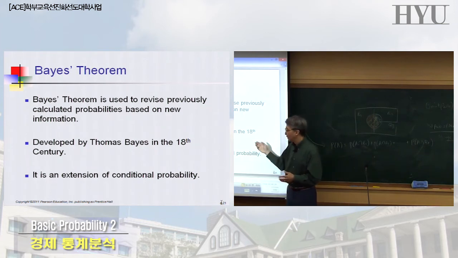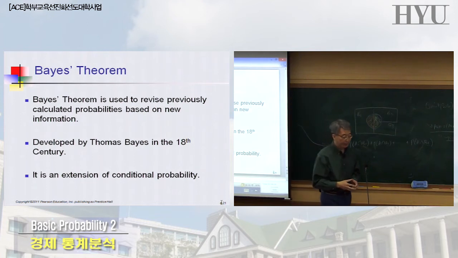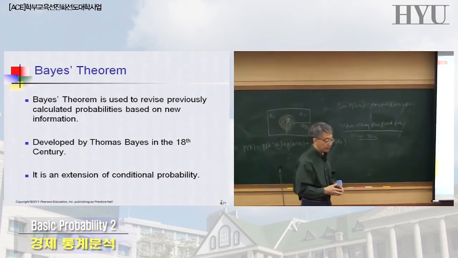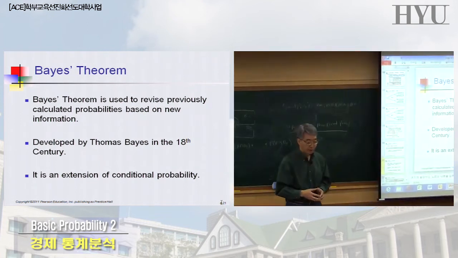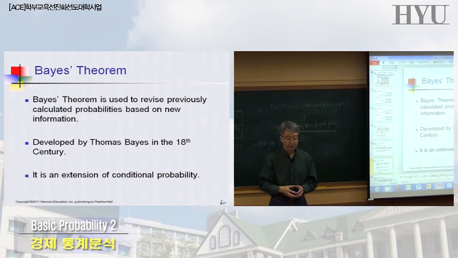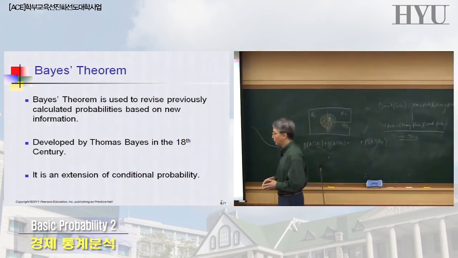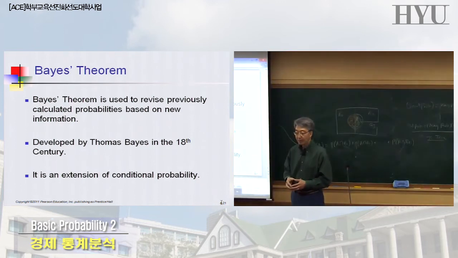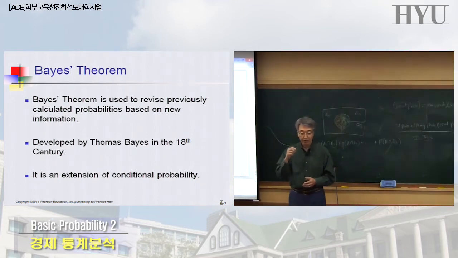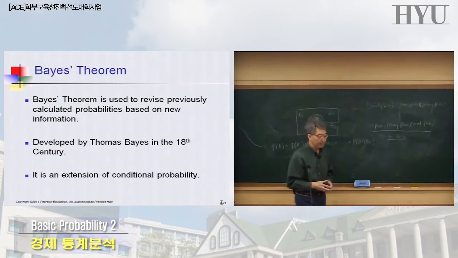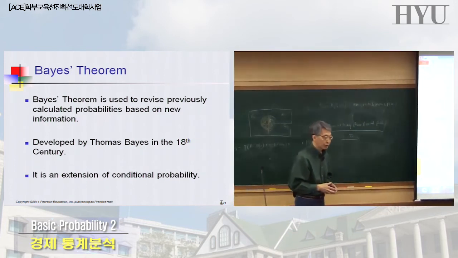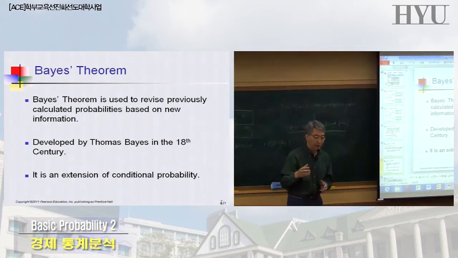It was introduced by Reverend Thomas Bayes, who was an English clergyman, a Presbyterian minister. In the 18th century, Catholic priests and Protestant ministers were the people with the most education.